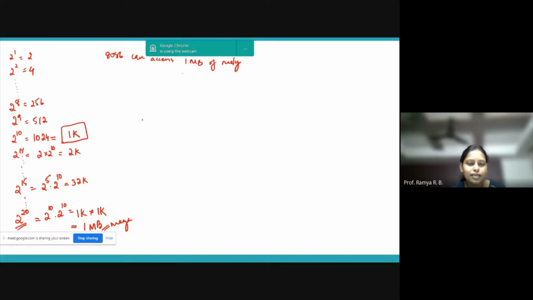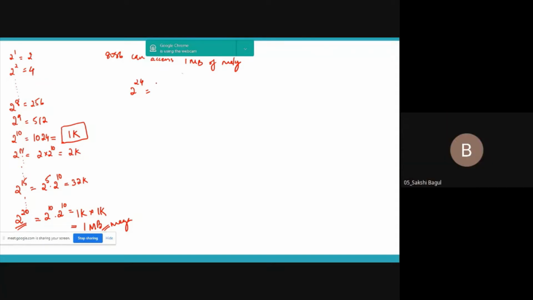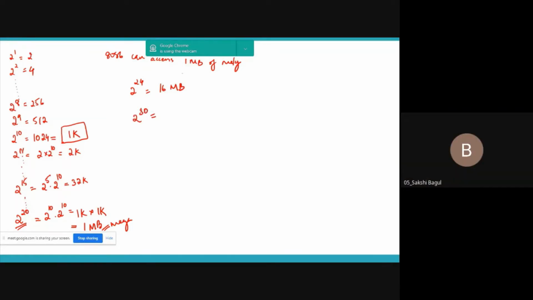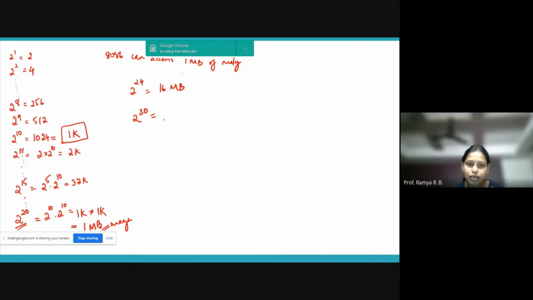Now, let's learn a little further, because you will be using these terminologies throughout the subject. What is 2 power 24? 16 MB. So what is 2 power 30? 1 gigabyte, right?